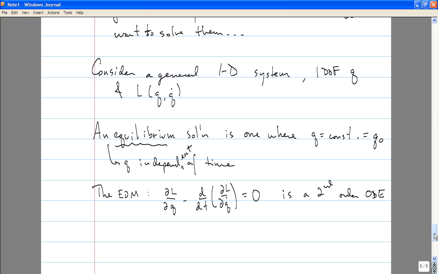Because it is a second order differential equation, solutions are described by two pieces of initial data, namely the initial position and the initial first derivative of the position of the system. So they depend on the initial data of Q and Q dot at some time t.